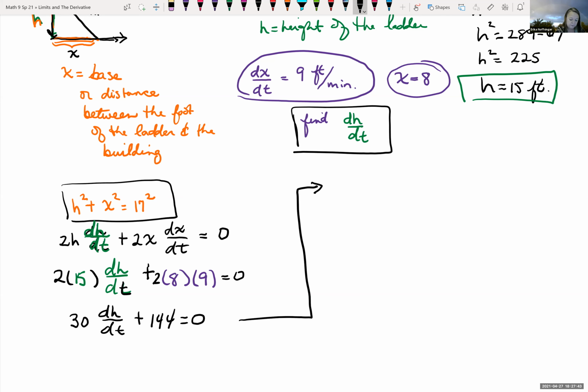We would subtract 144 and then divide by 30. So we have 30 dh/dt is equal to negative 144. So dh/dt is equal to negative 144 over 30.